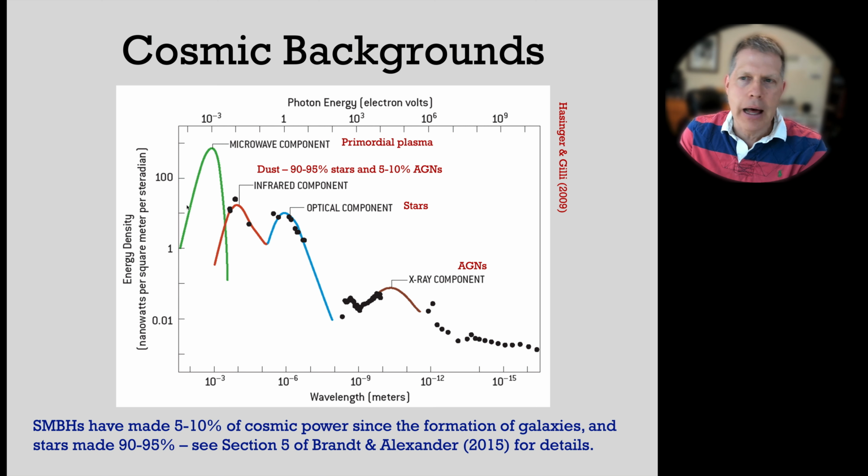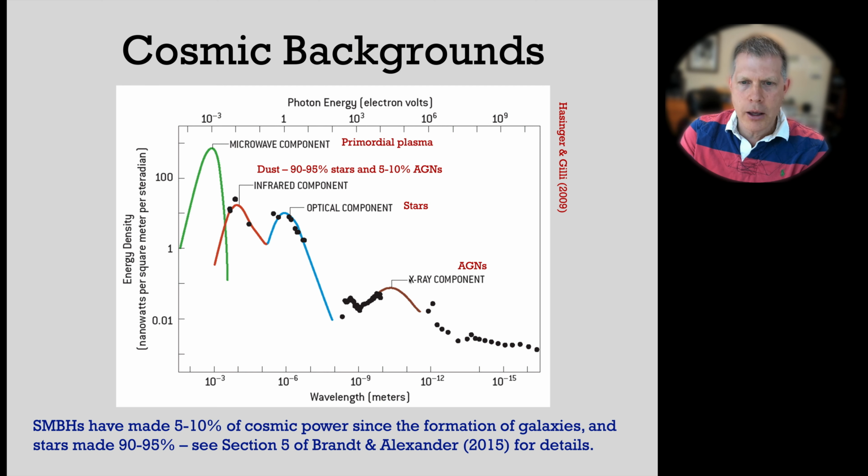So this is a nice plot showing the energy density in various observed cosmic backgrounds as a function of wavelength and as a function of photon energy up along the top here. Up here in the X-ray band, we now know quite convincingly that the cosmic X-ray background is primarily produced by active galactic nuclei.